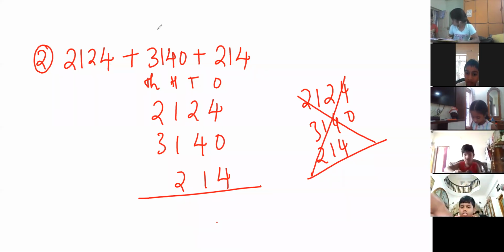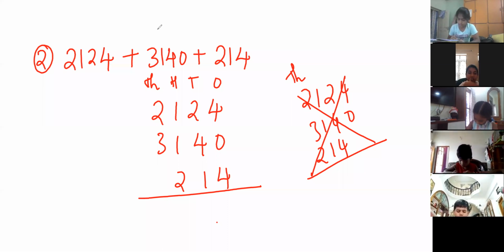It is not correct to place this 214 under the thousands place. Actually it is a hundreds number, right? So you have to write that hundreds number starting from the hundreds place only. Okay, children.